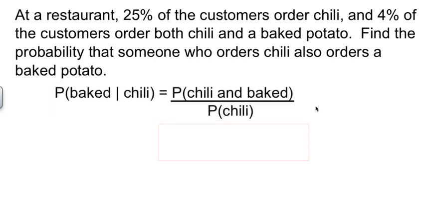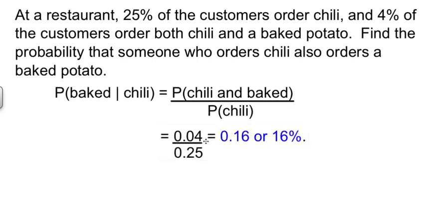I'm going to rewrite our formula in terms of what's in the problem instead of B and A. I want to know the probability of someone ordering a baked potato given that they ordered chili. And that's going to be the probability of getting both things divided by the probability of getting chili.